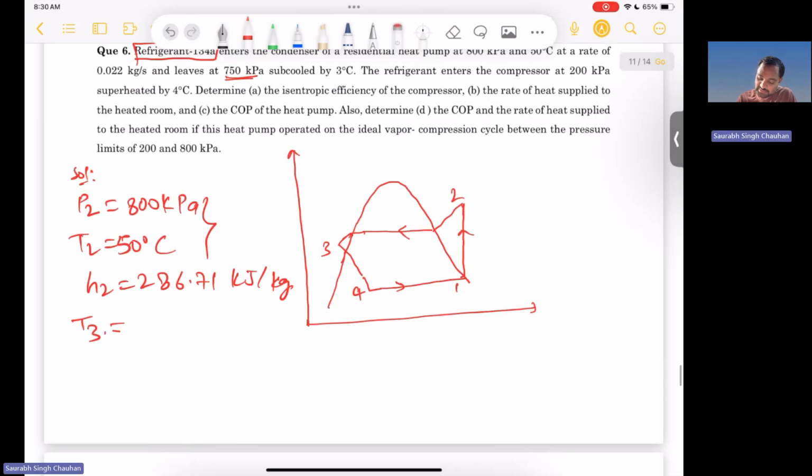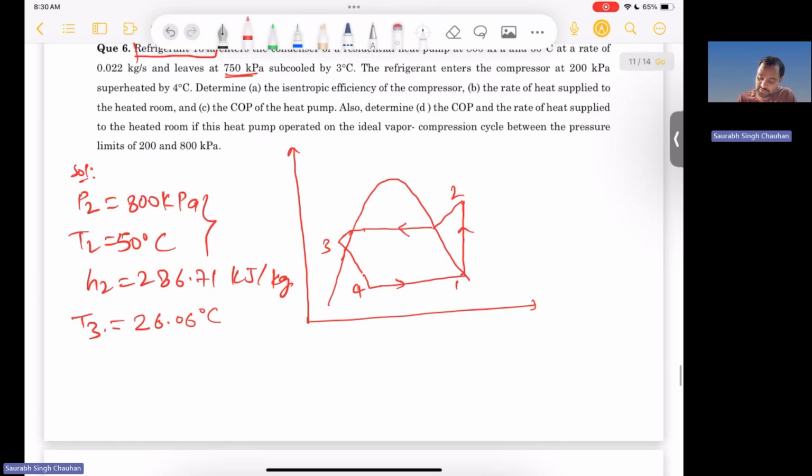So at 750 kilopascal, the temperature is 29.06 degrees Celsius. So it is the saturation temperature at 750 kilopascal.